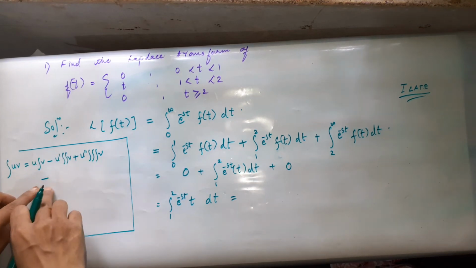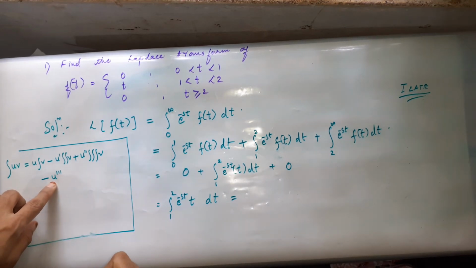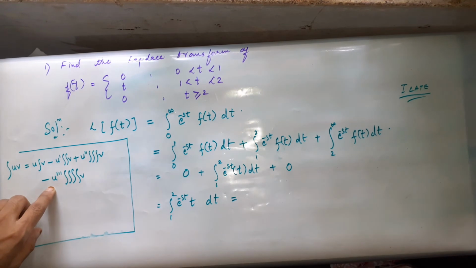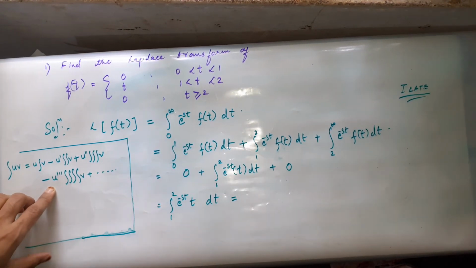Then the third derivative of u, u triple dash, times the fourth integral of v, and it continues.